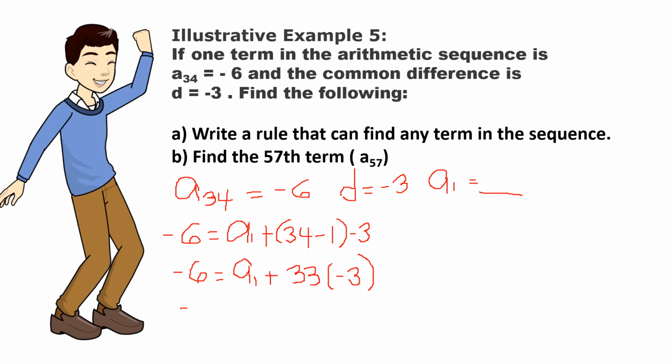So we have negative 6 equals a sub 1 minus, this time magiging minus since we have 33 times negative 3. That is negative 99. Then para mawala yung negative 99, inverse operation natin ay positive 99. So lagyan natin both sides of the equation ng positive 99.